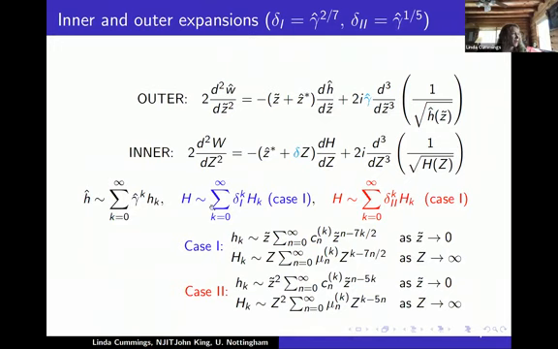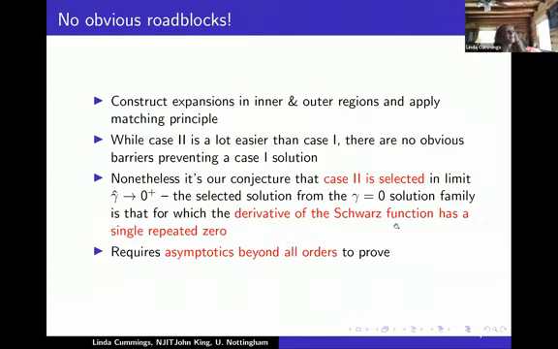You can construct inner and outer expansions in each of these two cases. So in case one, you find that the inner and outer expansions have to take the form represented here. In case two, they have to take the form represented here. I don't expect you to absorb all these details, but when you turn the handle, this is what you find the local behavior would have to look like.